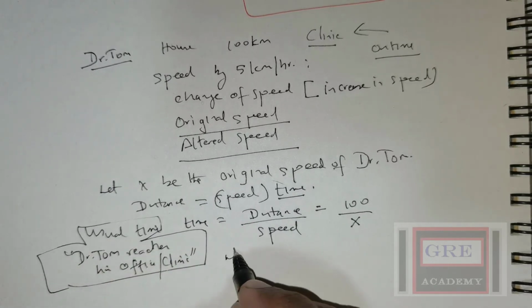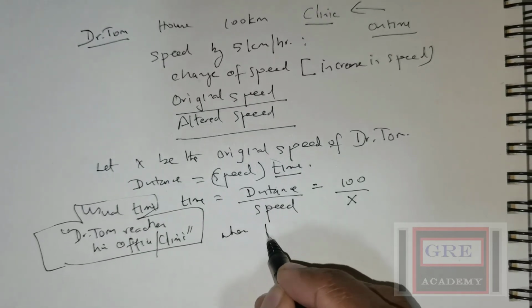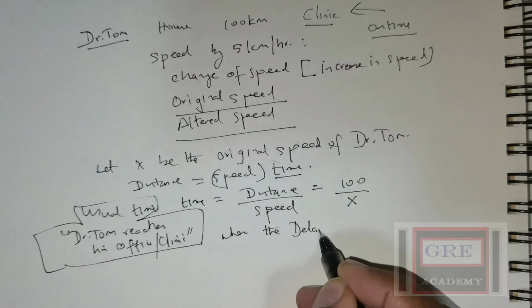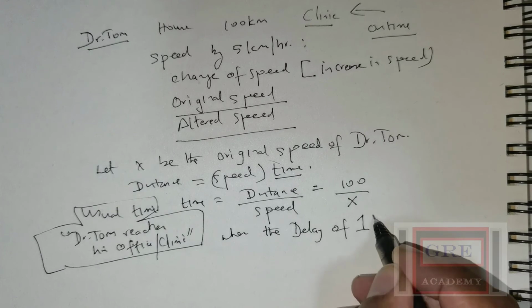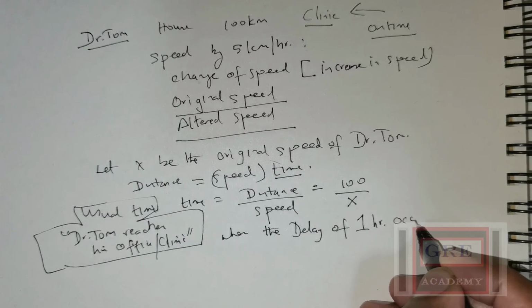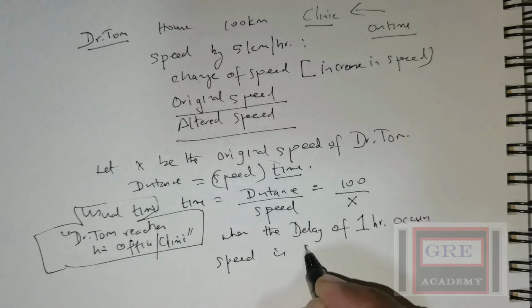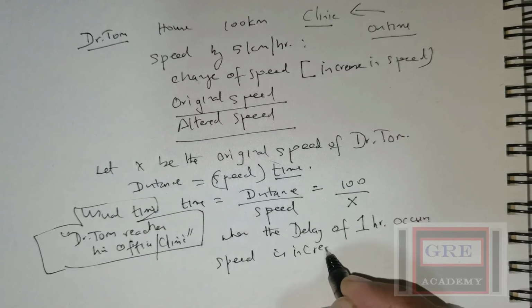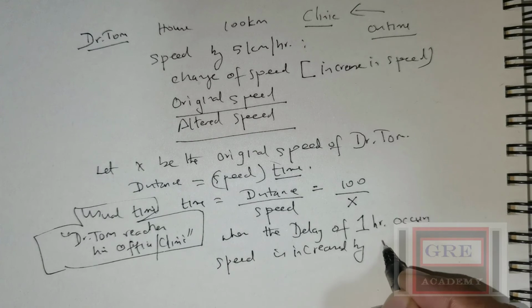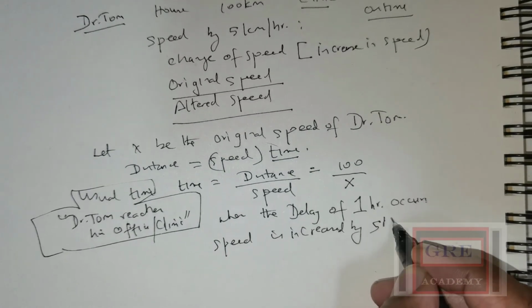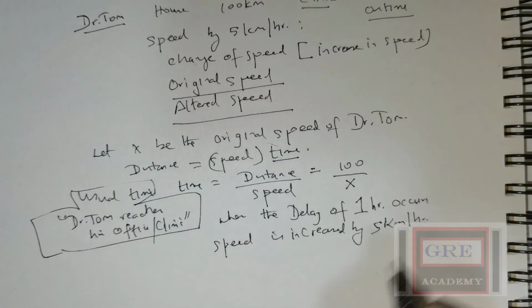Now when the delay of 1 hour occurs, the speed is increased by 5 kilometers per hour from the normal speed.